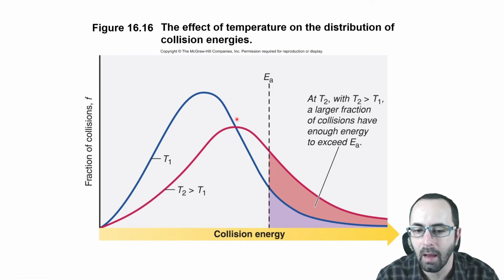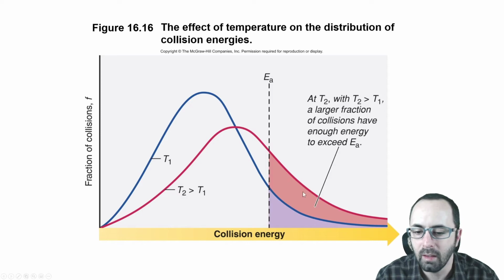If we increase the temperature, we increase the average speed. So you can see here the average speed has increased, which basically spreads out this distribution. And the result is that a much greater fraction, as represented in red here, of molecules have enough energy to exceed the activation energy. So at the lower temperature, only a small fraction of these molecules had enough energy to collide and reach the activation energy.